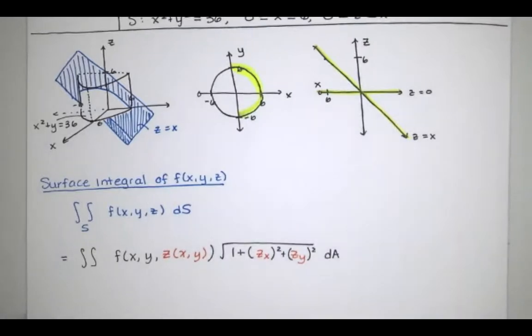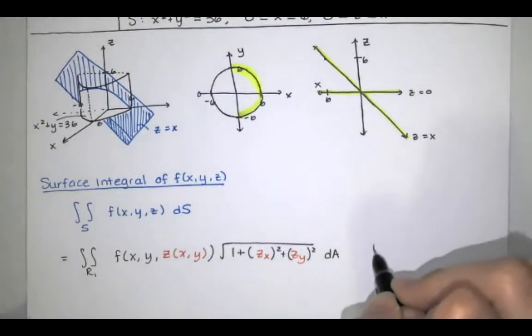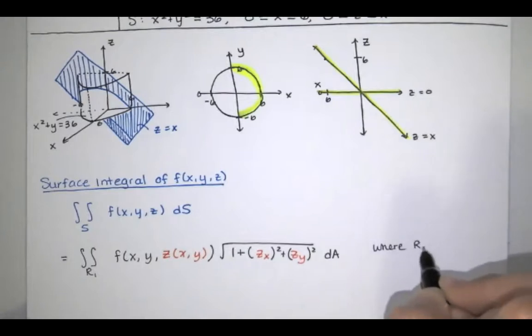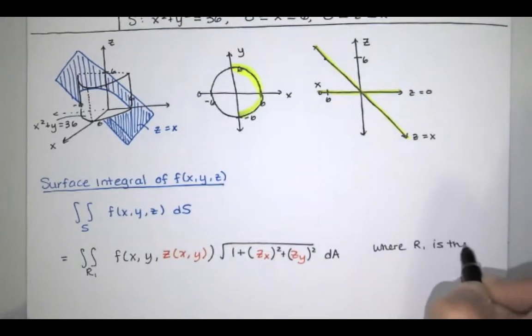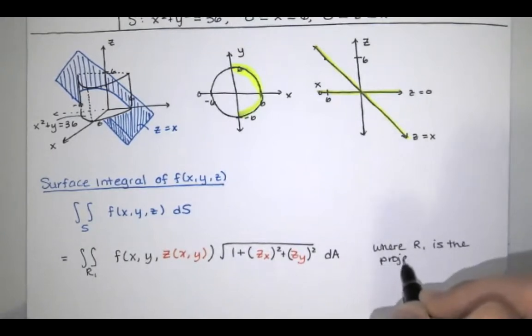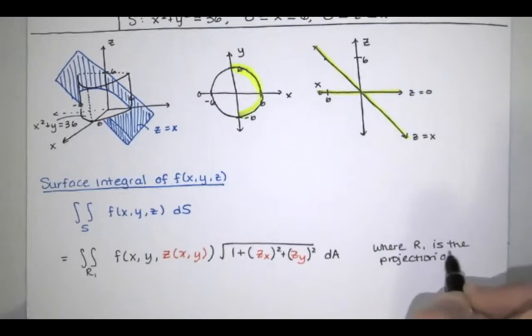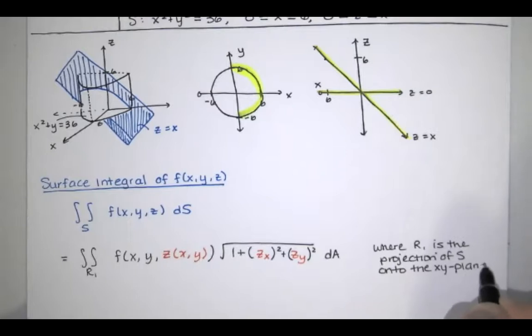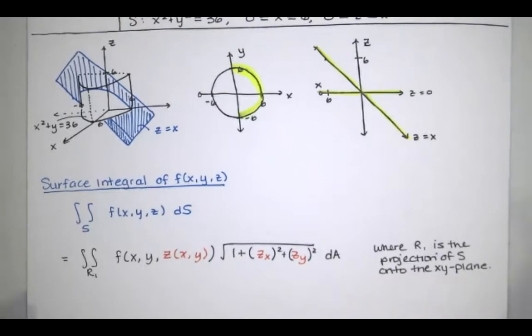We derived that earlier. And then we're projecting the surface onto the xy plane because we have everything in terms of x and y here. So that's one option, and that's the option that we use most of the time.